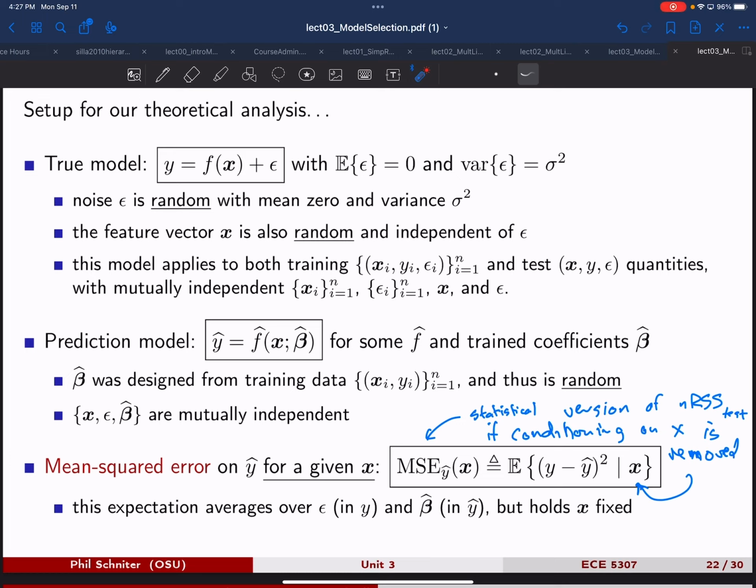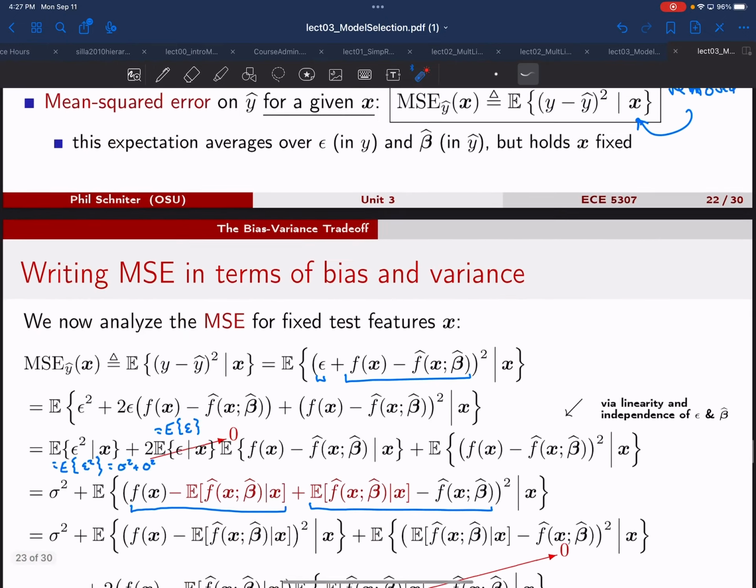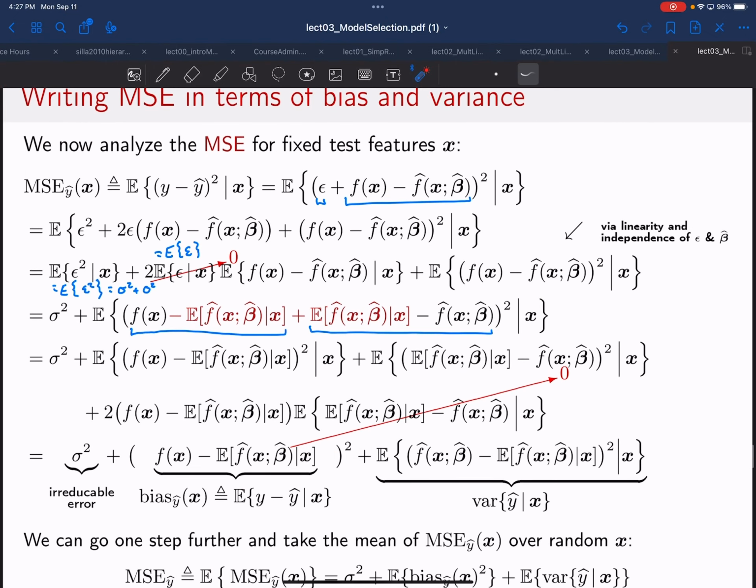So there's no way to predict it. This difference at that point is just epsilon squared. And we said that the variance, or the average value of epsilon squared, is just sigma squared. So the best you could possibly do is to get sigma squared. In other words, set all this other stuff to 0. That's what happens when you have a perfect estimator.